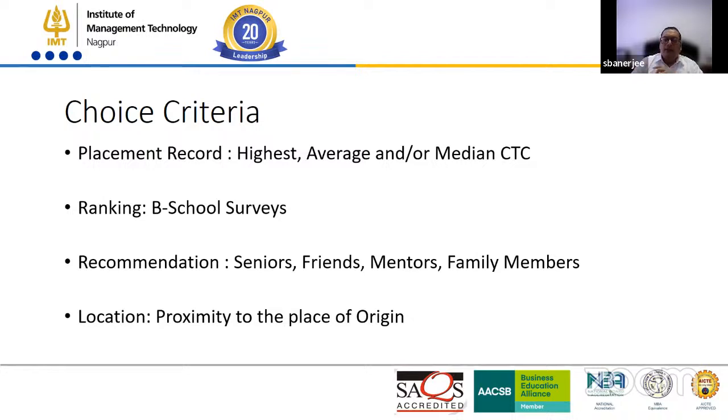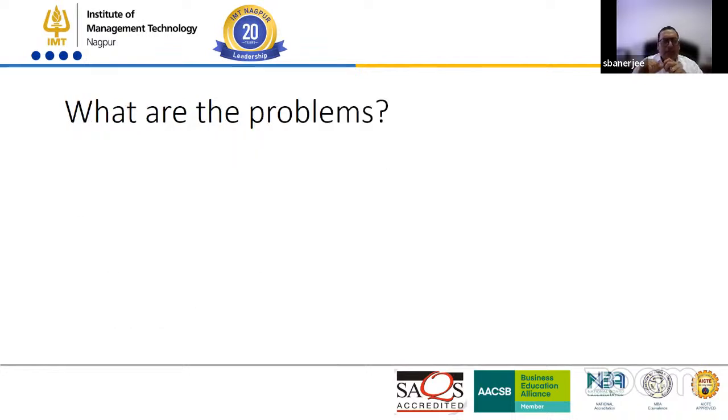Now, each of these comes with a certain set of problems that I'm going to talk to you about, for which we need a little bit of awareness, because unfortunately we take things at face value, believing and assuming something, but the reality is slightly different from what appears to be a very simple and straightforward choice. And that's why you need to be aware of that. Let's see.